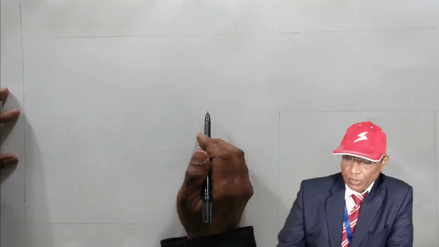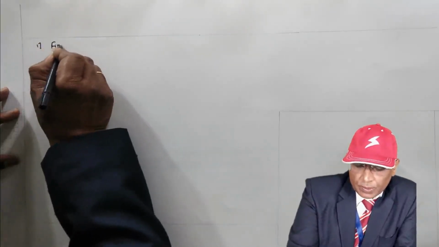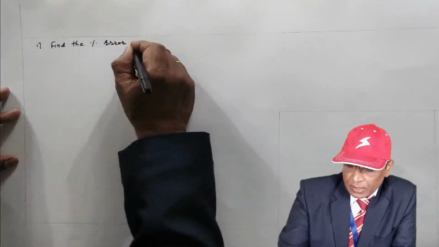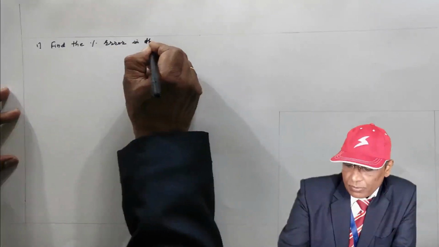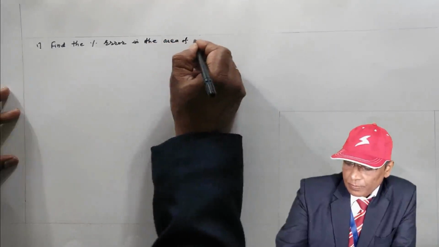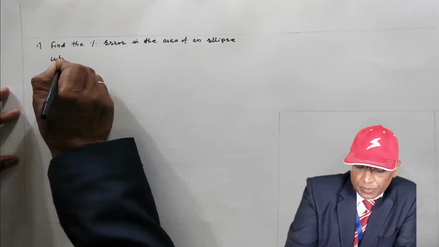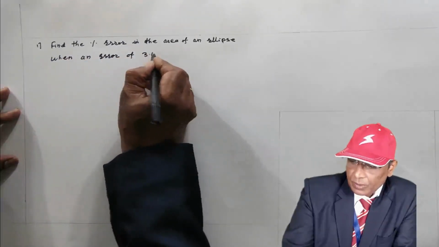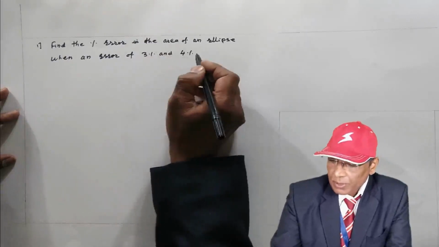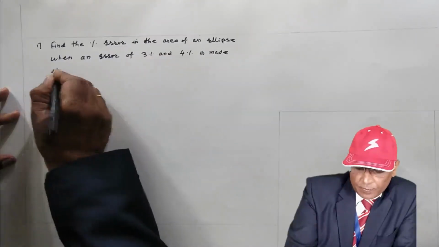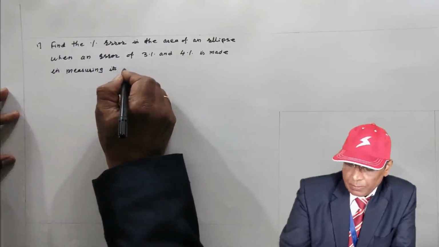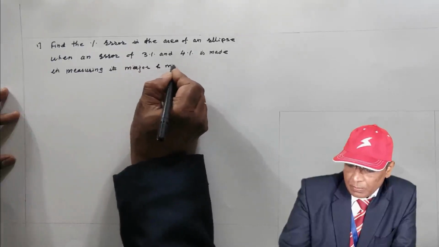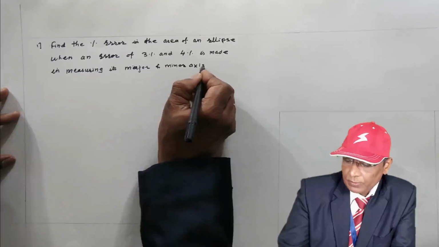Now, first one, find the percentage error in the area of an ellipse when an error of 3% and 4% is made in measuring its major and minor axis. Okay, this is the question.